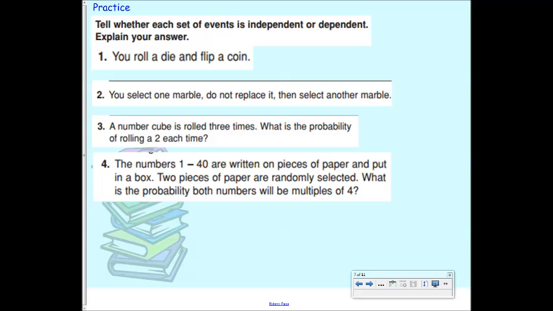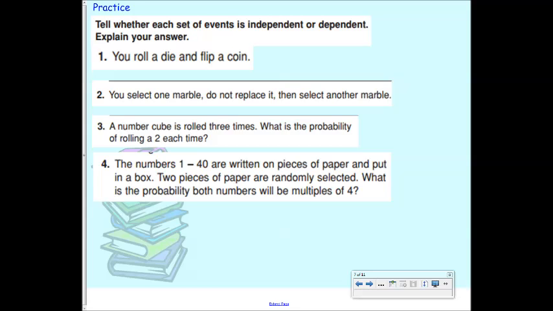So basically counting by 4s, how many were there? 10. So 10 out of the 40 slips of paper are multiples of 4, which reduces to what? 1/4. Okay, so if you picked just once, the probability would be 1 out of 4. But how many times are we picking? 2. So then that would be... Good, 1 out of 16. Okay, nice job.